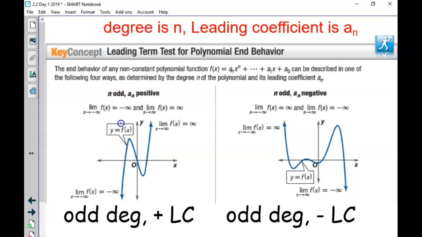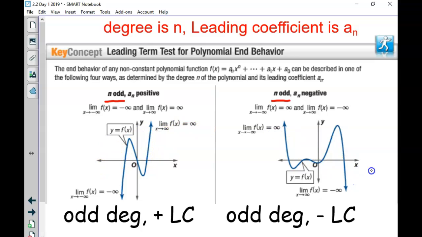All right. We're going to take notes on a little chart on this real quick in a second, but I want you to think about this. When the degree is n, if the degree is odd, so it's a degree 3 or degree 5, then it will have this up and down shape so that the ends are going opposite directions.